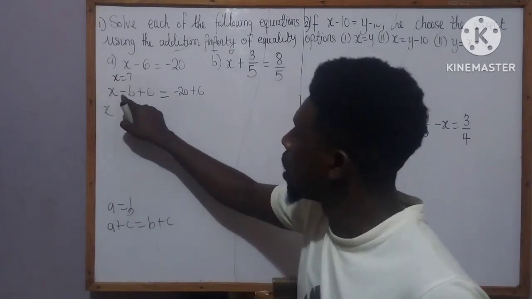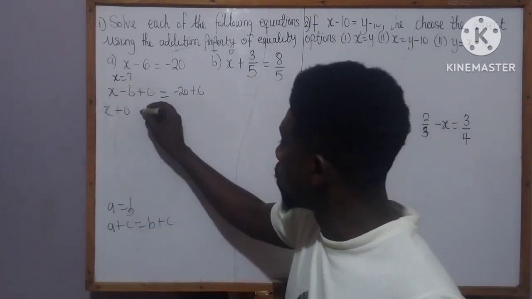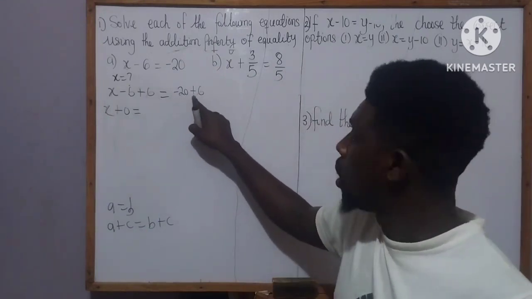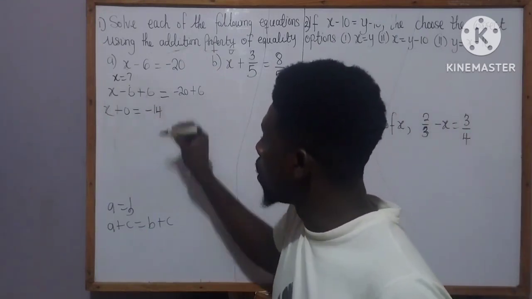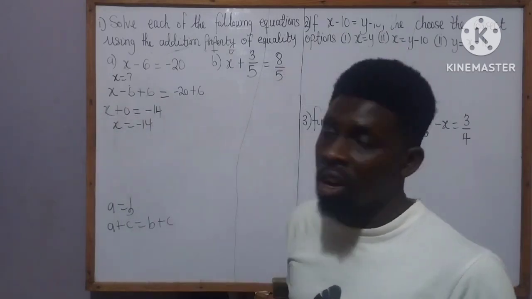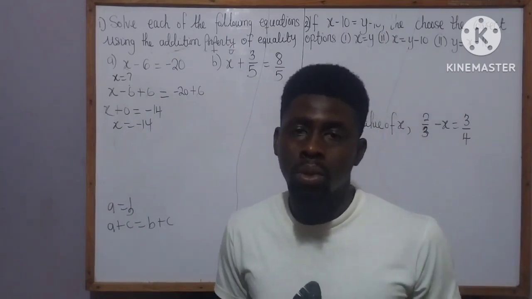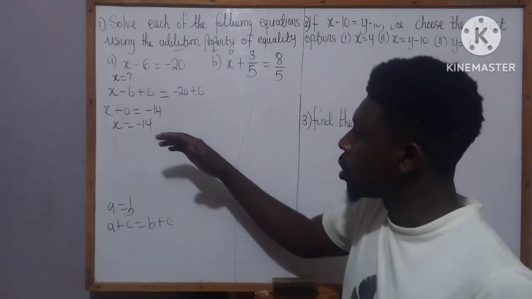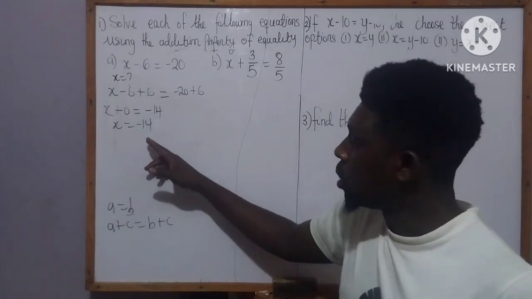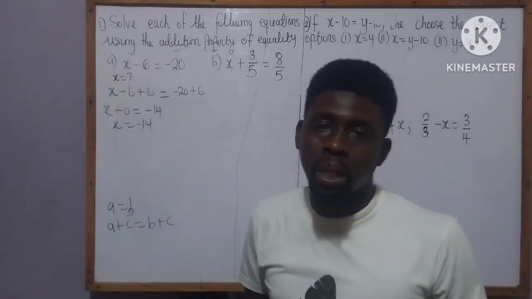Doing this will eliminate the negative 6 at the left-hand side of the equation. So x minus 6 plus 6 is going to give me x, which is equal to negative 20 plus 6, giving me negative 14. Hence, x is equal to negative 14. Now, let us verify if truly x is equal to negative 14. What we do is we substitute negative 14 in place of x in the equation above.